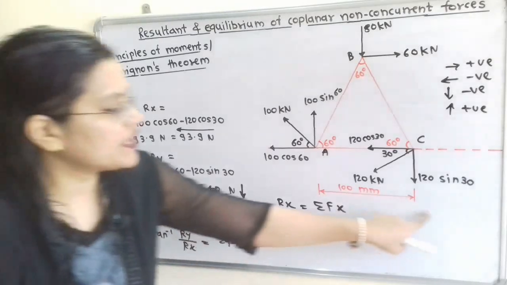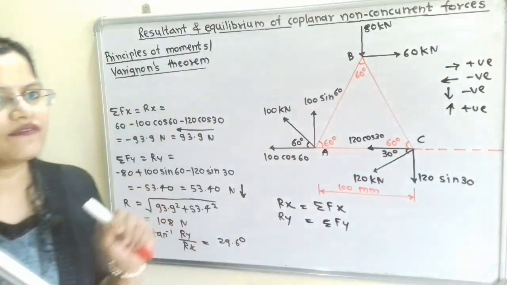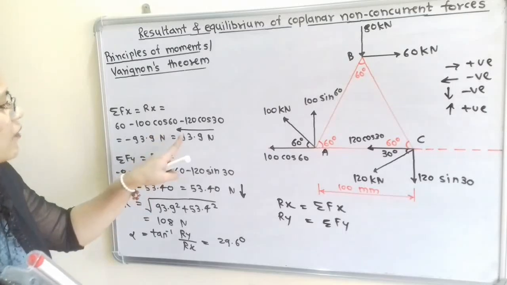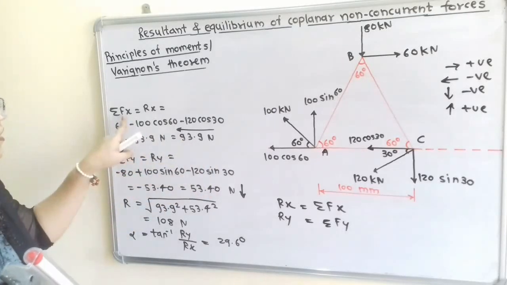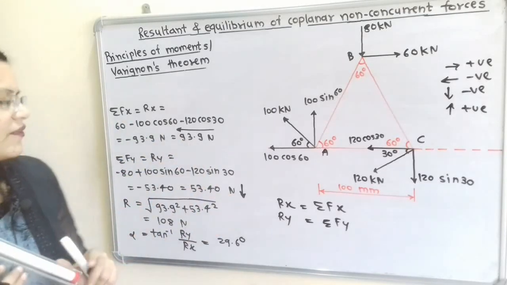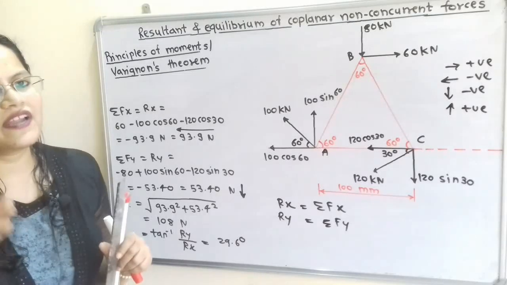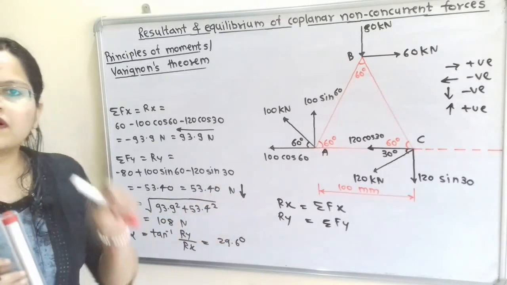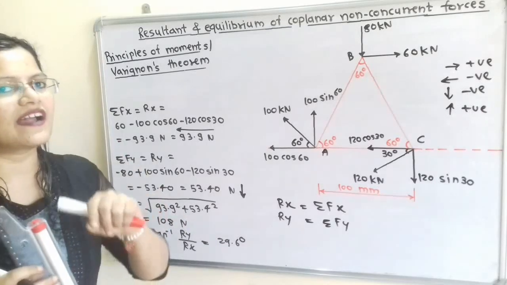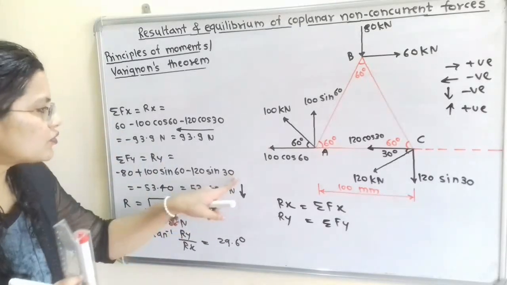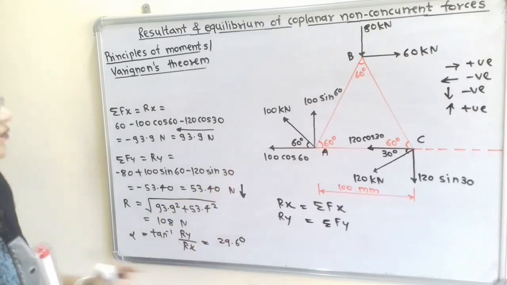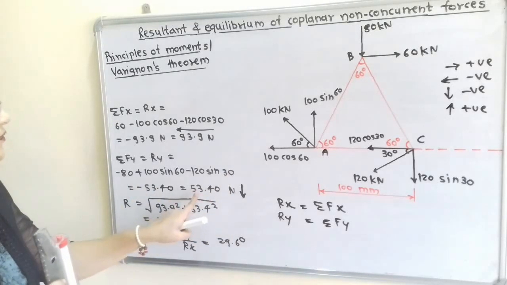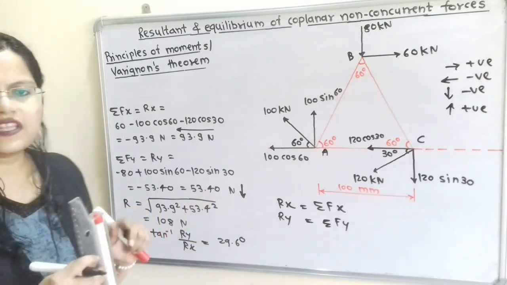Now we will show the direction of this resultant. We have to draw the horizontal component and the vertical component. But when we draw this, we have to remember that at the end point of one force, we start the other force. So first I take the vertical force with magnitude 53.40.